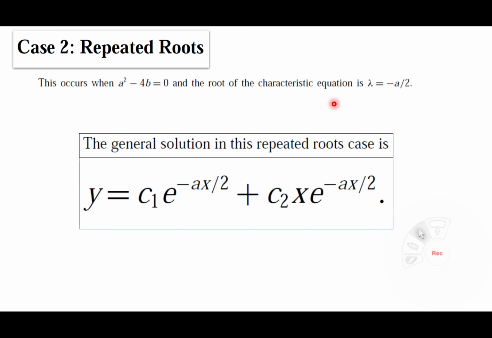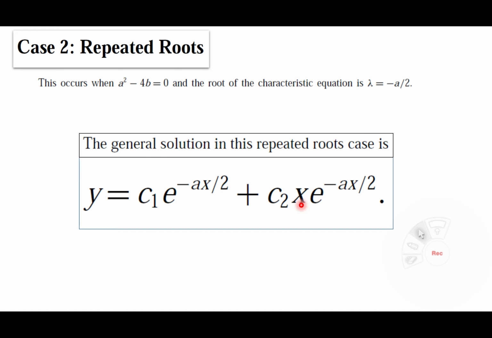Okay. The general solution in this repeated roots case is, this is the solution directly. So the mathematicians already got this solution for us, so we can use it directly. It's an application for us. y is going to equal C1 times e to minus ax over 2 plus C2 x times e to minus ax over 2.